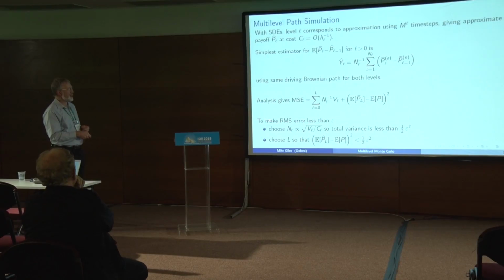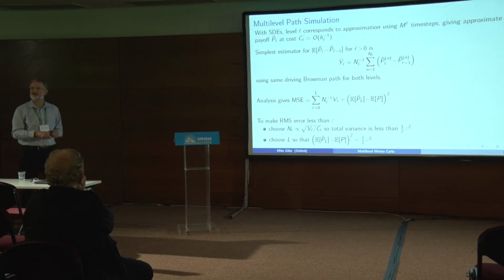And so to make the root mean square error less than epsilon, we choose the number of samples on level L to be proportional to the square root of the variance over the cost, and the constant of proportionality is chosen so that the total variance is less than 1/2 epsilon squared. Then the finest level of resolution is chosen so that this error term here is also less than 1/2 epsilon squared. And so the sum of the two is less than epsilon squared.